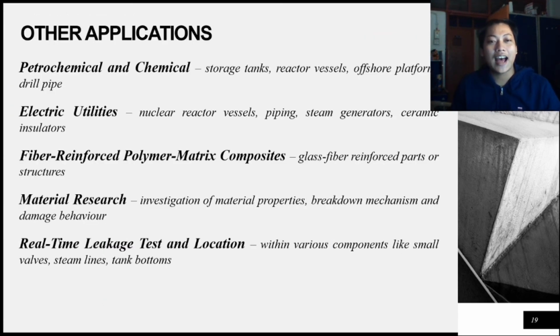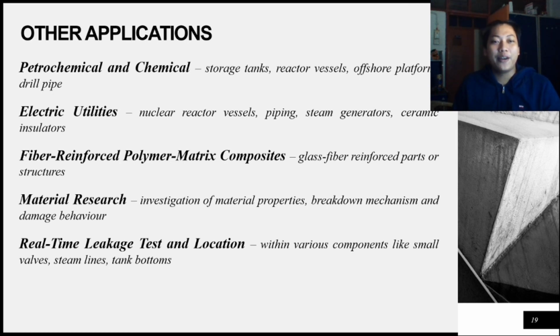So these are other applications, which are petrochemical and chemical for storage tanks, reactor vessels, offshore platforms, and drill pipe. Next is electric utilities for nuclear reactor vessels, piping, steam generators, and ceramic insulators.